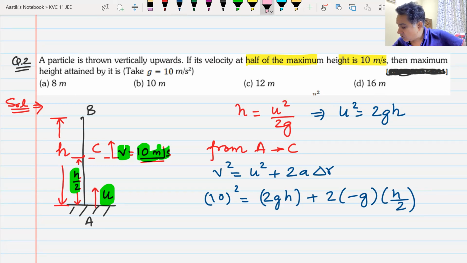You just put the value of g in this equation, and the other thing is h. You must get the value of h by putting the value of g as 10 in this equation. Can you tell me what is the value of h coming as?